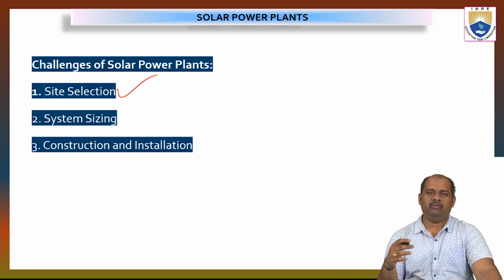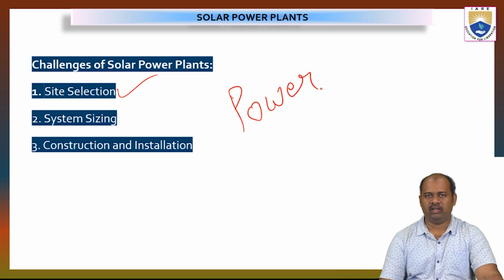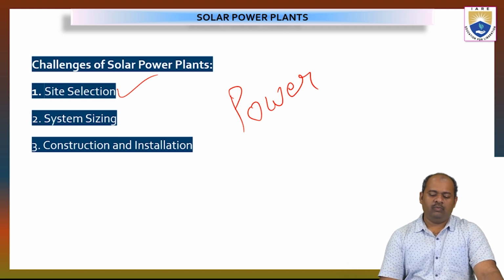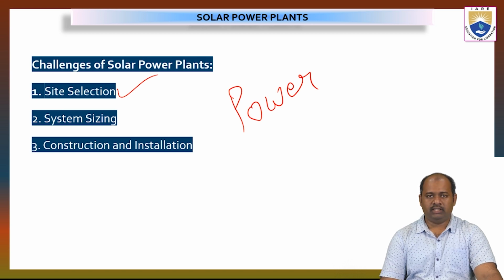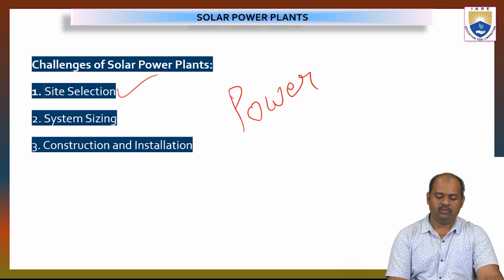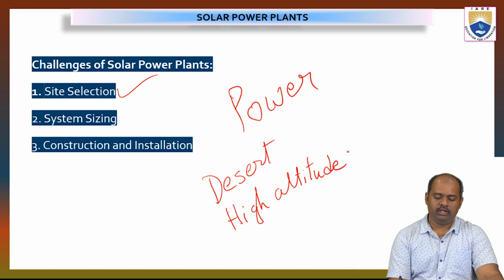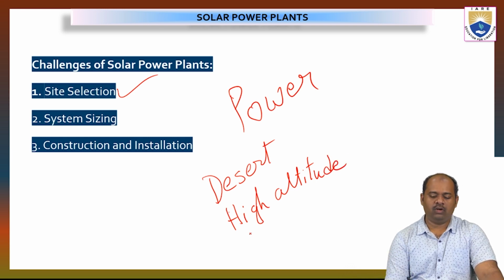Depending on the site where we have to install the power plant, we should choose cleverly, because when we want to generate electricity from solar energy, it has to be generated efficiently. For that, we have to choose a site which is very near a desert, or a place of high altitude, or a place where there will be no clouds.